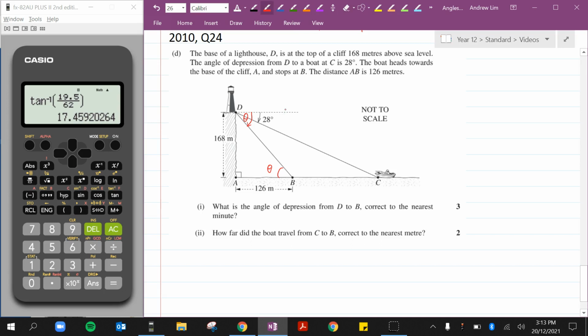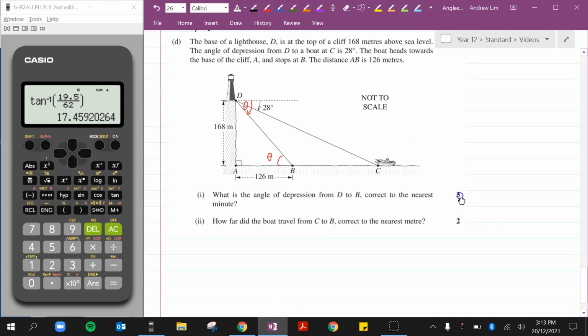Okay, so if we work that out, technically we've worked out the angle of depression. Don't know why this is 3 marks, but let's have a look. So according to this here, 168 is opposite that angle and 126 is adjacent. So we're going to be using tan.